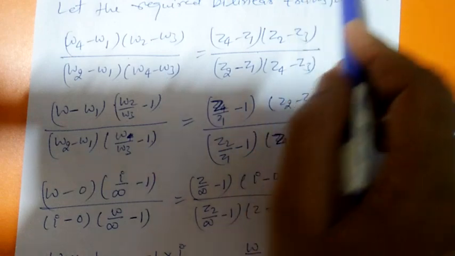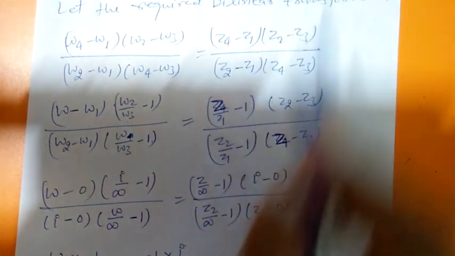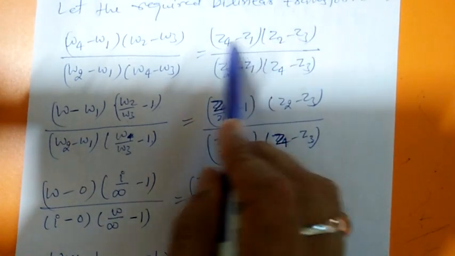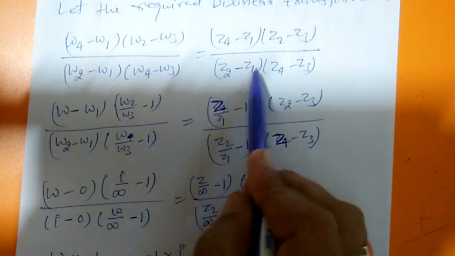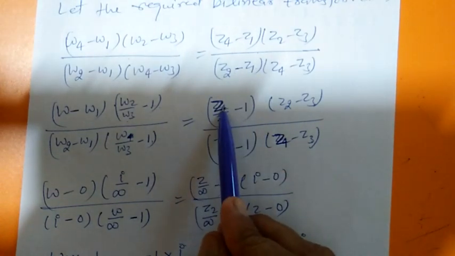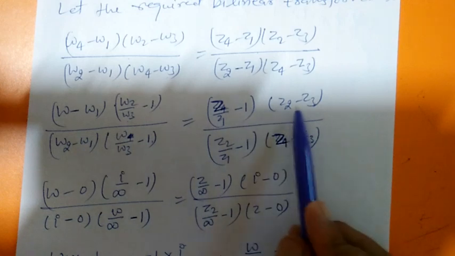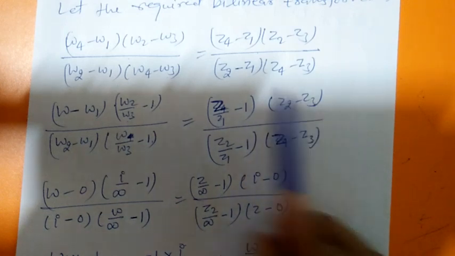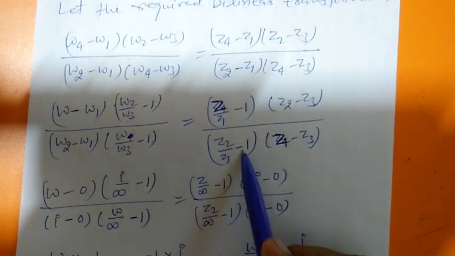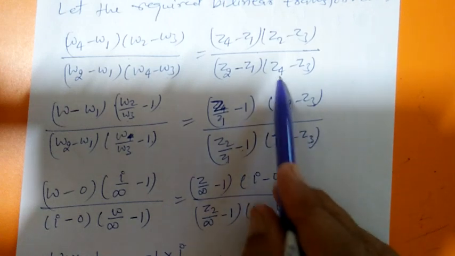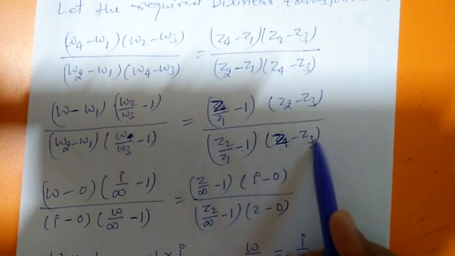Same here, z1 is equal to infinity, so here taking z1 common in the numerator and z1 common in the denominator, so this is z upon z1 minus 1, z2 minus z3 upon z2 upon z1 minus 1, and z4 is z minus z3.